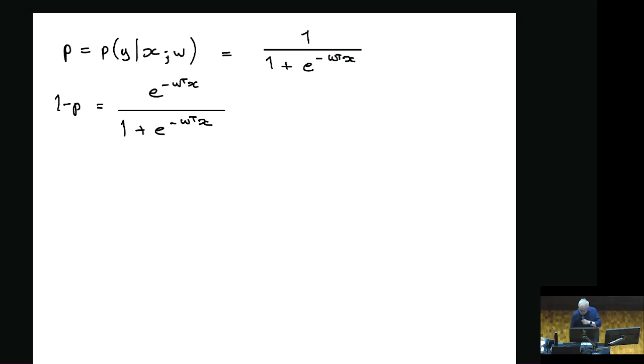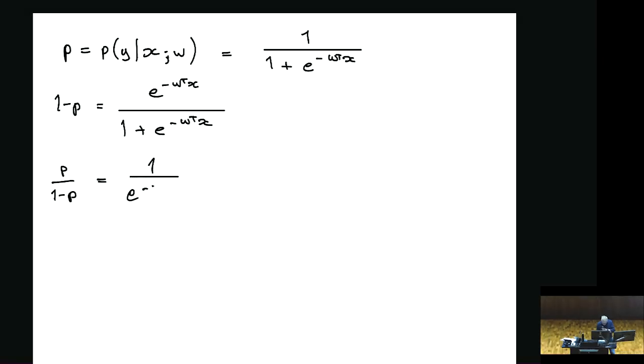Now, let me write down this. I'm just writing stuff down; you're going to have to think through it for yourselves. p over 1 minus p is going to be this: 1 over e to the minus w transpose x.